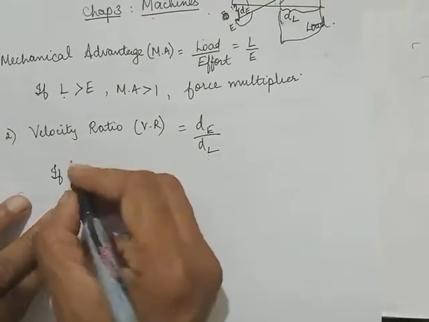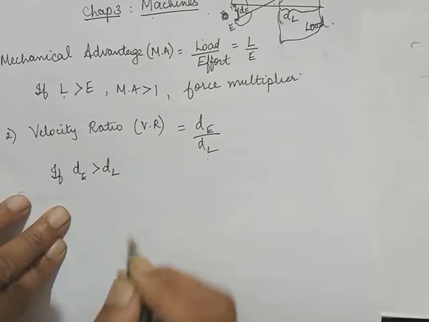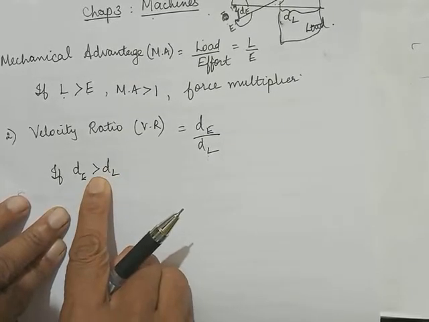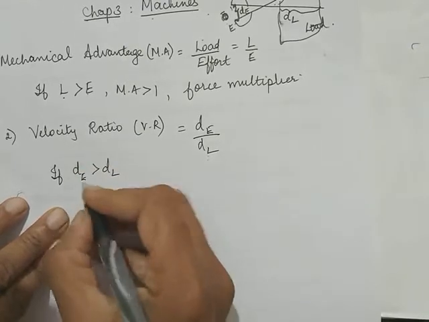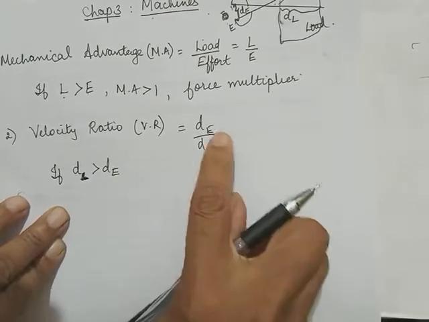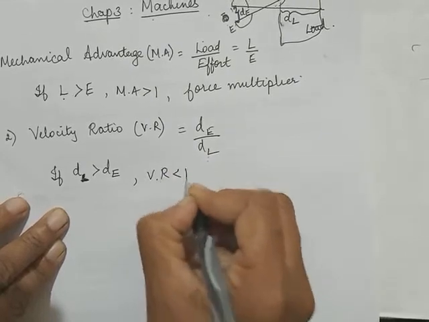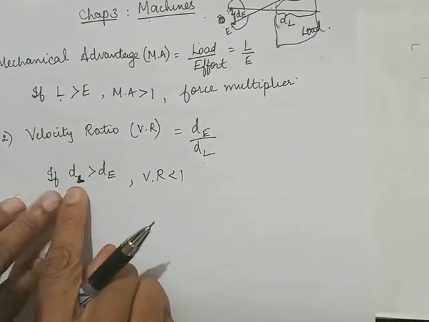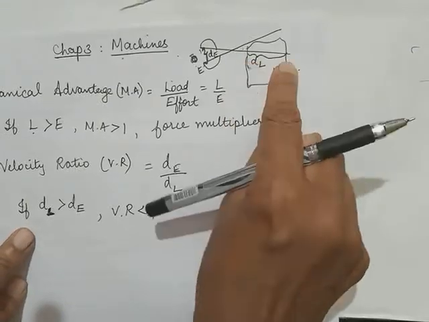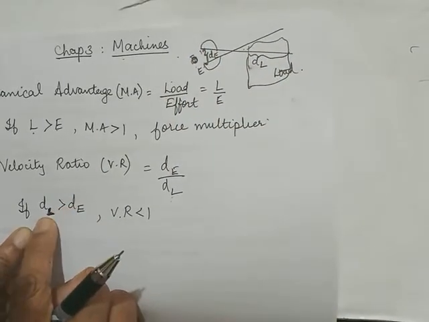So if dL is greater than dE, then VR will be less than 1. dL will be greater means load moves through a long distance, whereas effort moves through less distance. dE is smaller, dL is bigger.